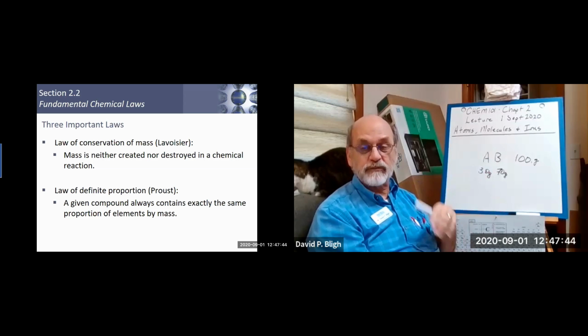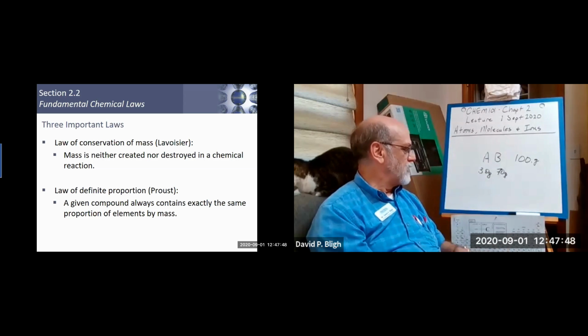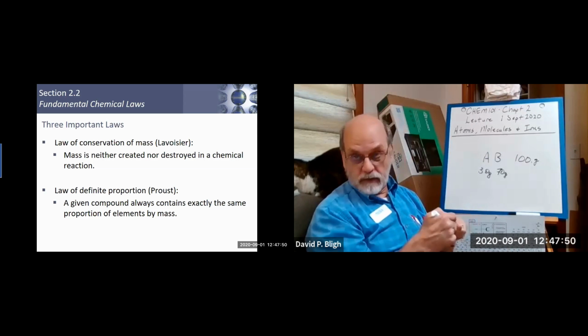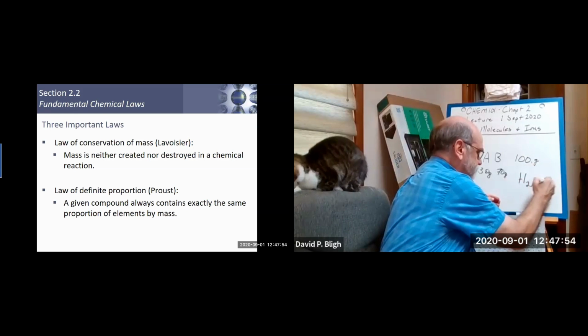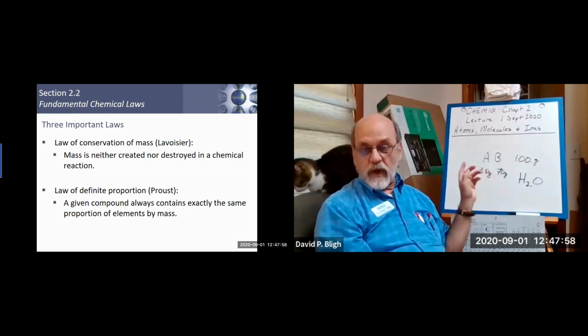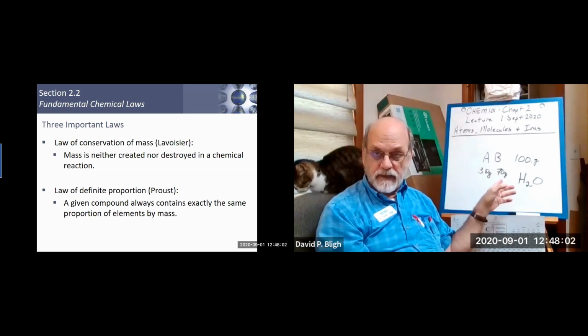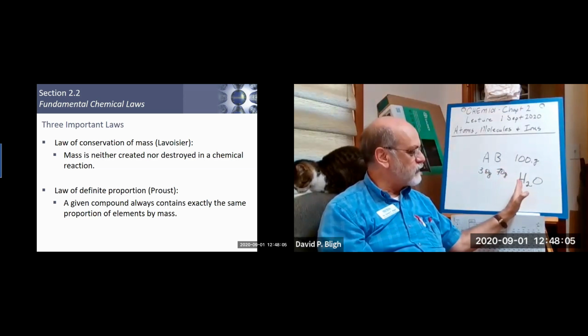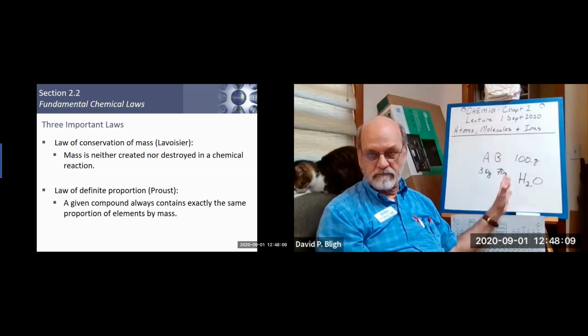But as long as it's this compound and it's identified as that compound, it will always have that proportion. So that's definite proportion, the law of definite proportion. Example. There's water. If you identify water as a product of a reaction, it will always have the same ratio of hydrogen to oxygen, no matter what its origin.